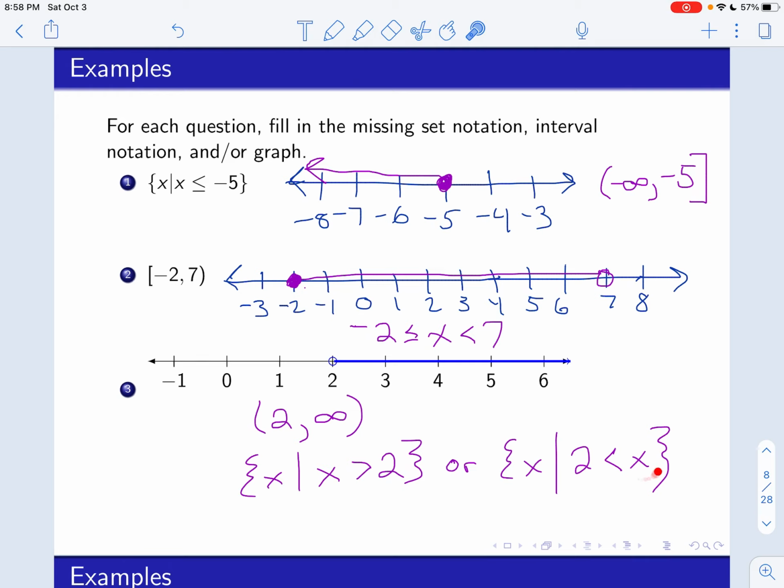And in this case, x is the bigger number in both cases, and the smaller side goes towards the smaller number. So we want to be sure that that stays the same. Otherwise, we've changed our inequality. But as long as the alligator mouth always opens towards x, no matter which way the alligator is facing, then we've got the same inequality.